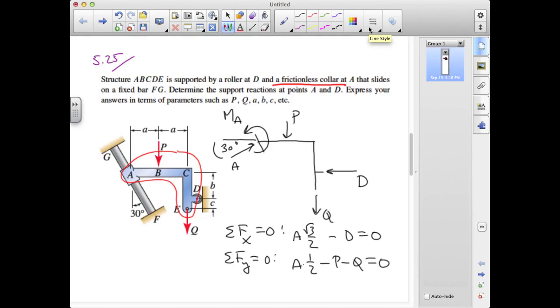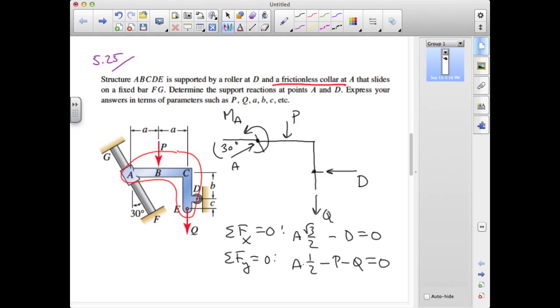Finally, we have to pick a point about which to take moments. Here it's not so obvious what the best choice is. I could choose to take moments about this location because D goes through that location, but I'm still going to have the moment reaction of A and the two components, the X and Y components of force A that appear in that equation. So it's not really clear that that's such a great choice. I'm going to go ahead and take moments about A itself.